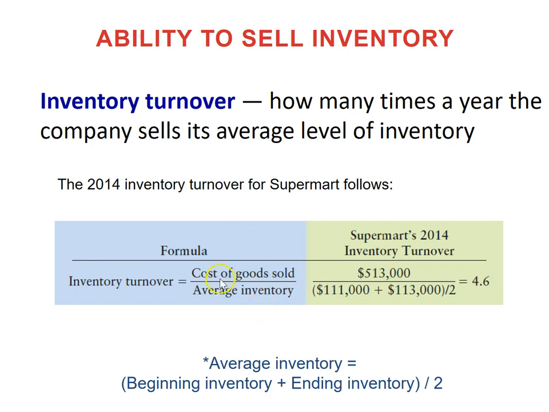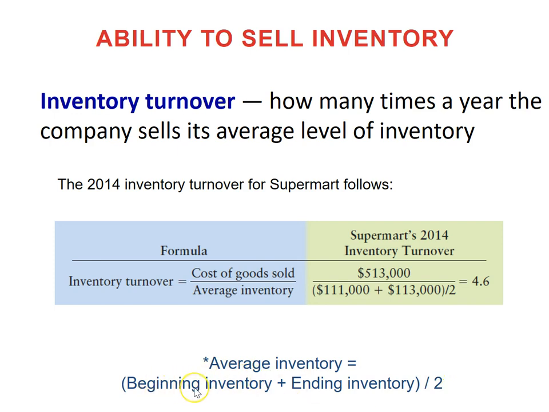So if you see any ratio which is a combination of one income statement item and one balance sheet item, for the balance sheet item you need to take the average of your current year's and your past year's numbers. That means if you need to calculate the average inventory, it will be the beginning inventory plus the ending inventory divided by 2.